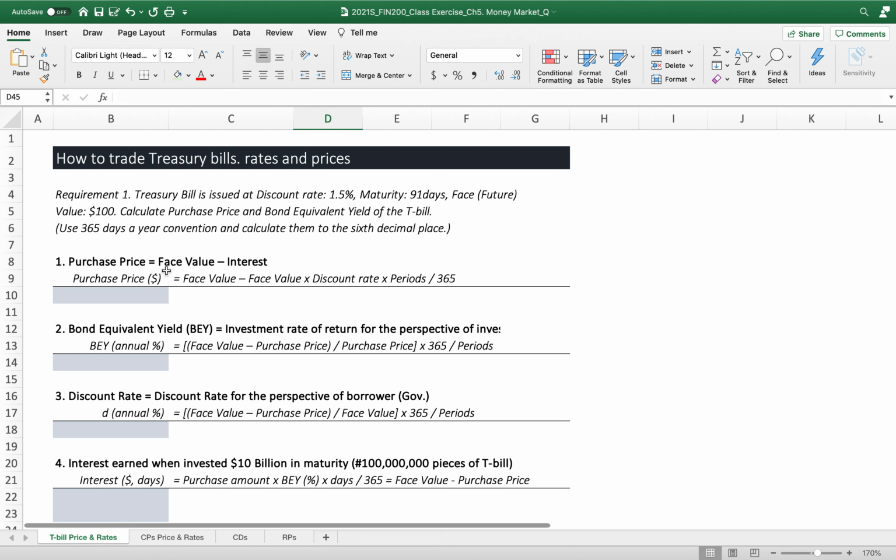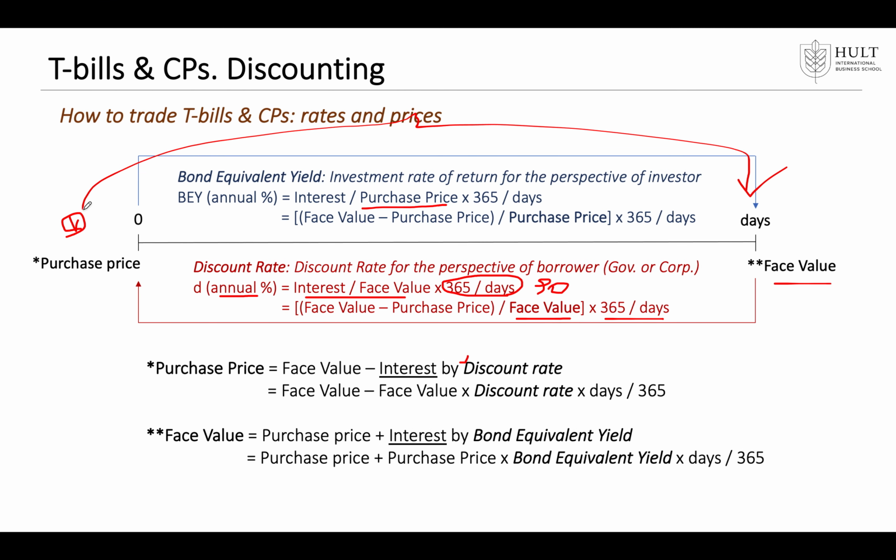Purchase price is equal to face value minus interest. How do we calculate it? The face value minus face value times discount rate times the period. Why? We want to calculate the purchase price at the current time starting from the face value.